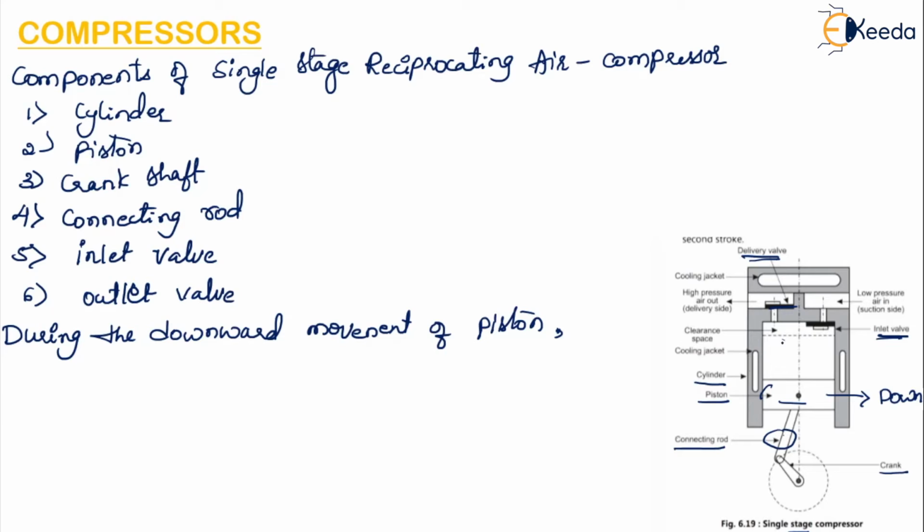When the piston moves down, there is some empty space, so the pressure inside the cylinder becomes less than the atmospheric pressure. Because of this decrease in pressure, the spring loaded inlet valve will be opened due to the pressure difference.